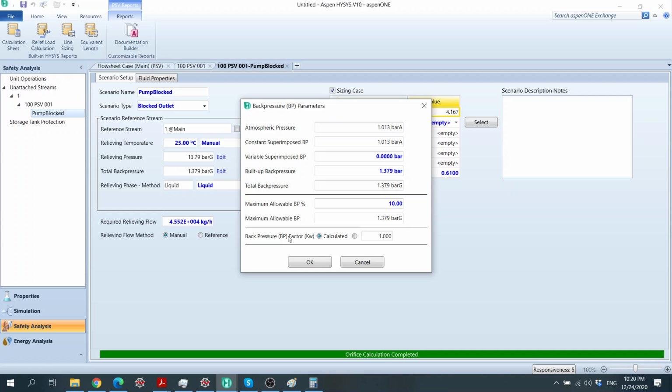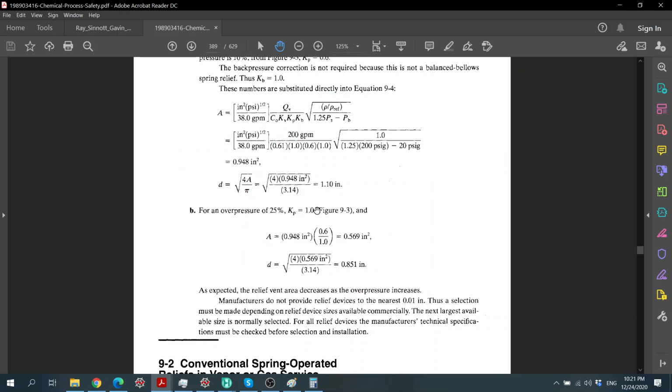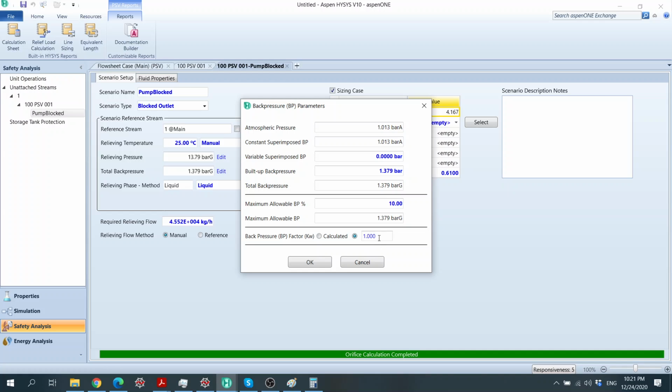Calculated back pressure, calculated. We put one. Back pressure KB, then the back pressure factor is 1. If it's calculated, it has to be 0.6. Let's see what happens.